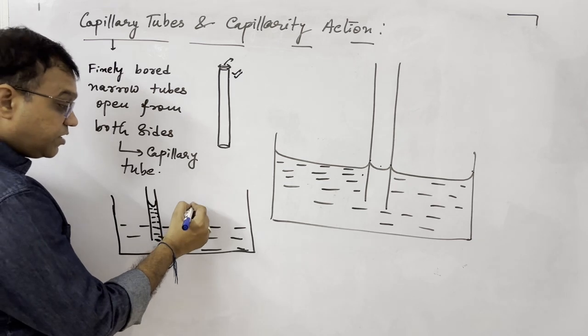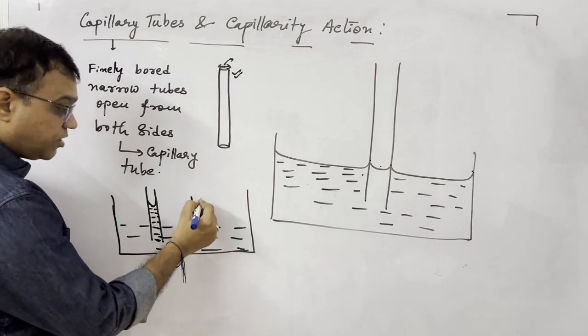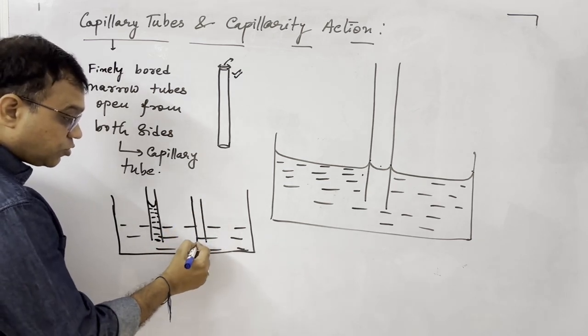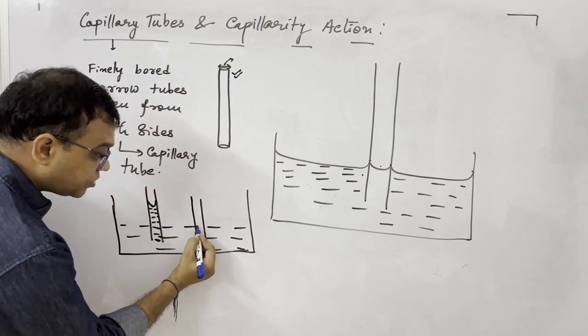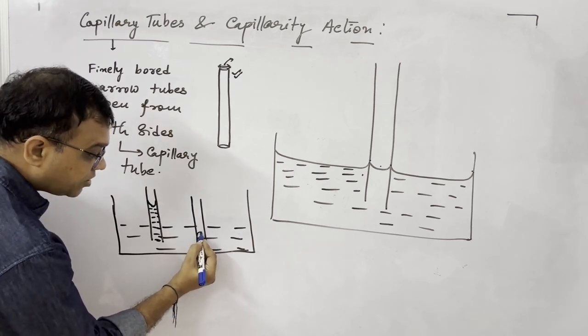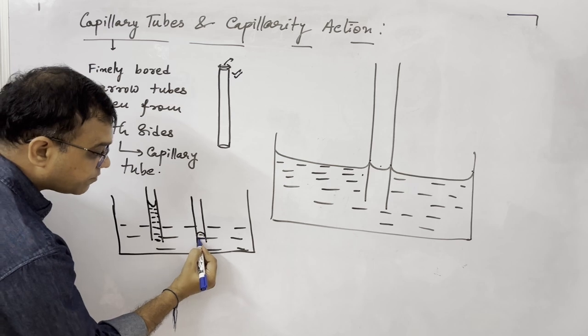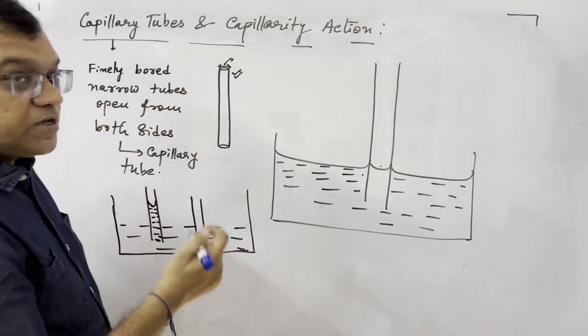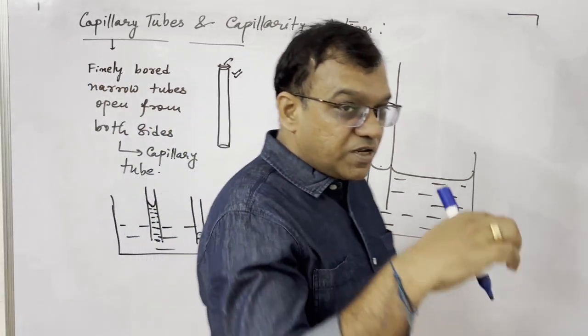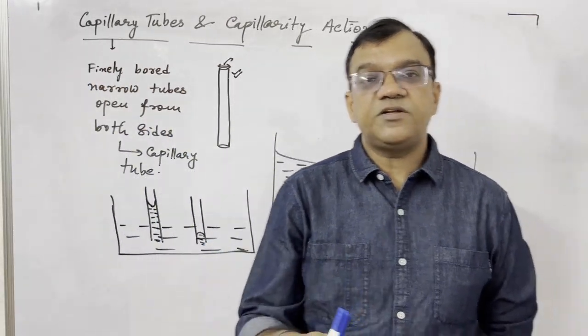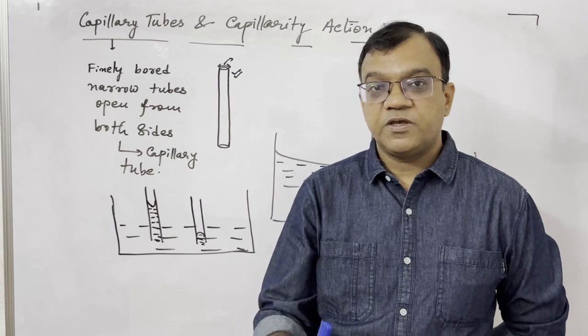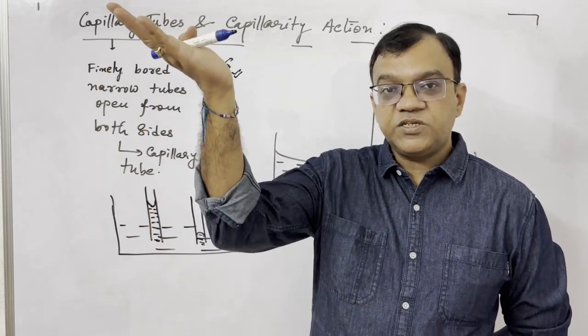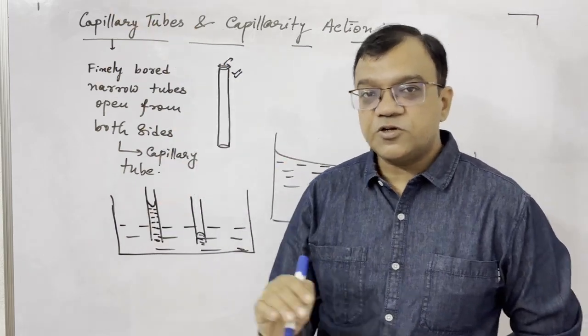For some other nature of material of the tube, it is also possible that the liquid is not up to here, rather the liquid is only up to here. Means the liquid level falls. When we insert a capillary tube into a liquid, then the liquid level may rise or fall in the tube.